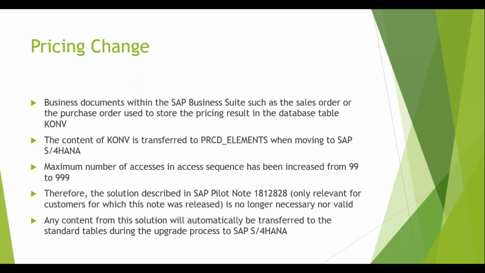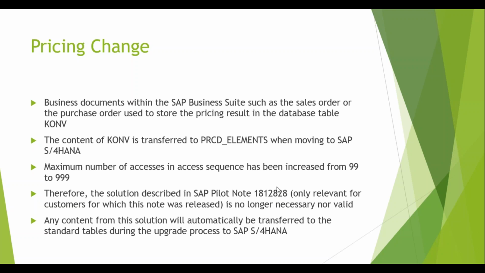The second thing from the pricing point of view, which we again talked about during materials management, was the number of accesses within the access sequence. Earlier, only 99 accesses were allowed in ECC. Even in ECC, if a customer required more than 99 accesses, SAP had already provided SAP pilot note 1812828.